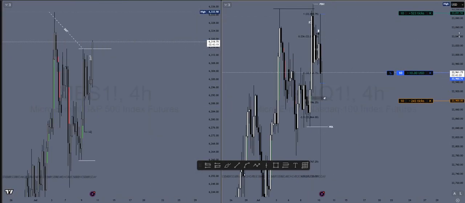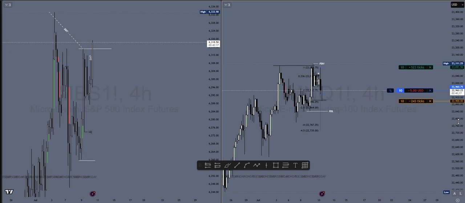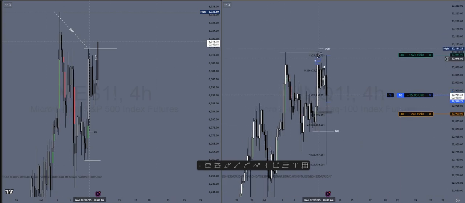If you focus on the higher time frame still, obviously in a bullish trend, you've got to keep in mind internal range and external range of liquidity. As we hit external range liquidity, we hit internal range liquidity, targeting external range liquidity again.